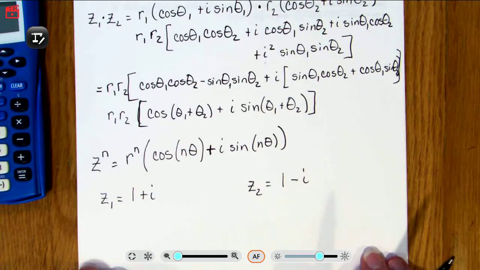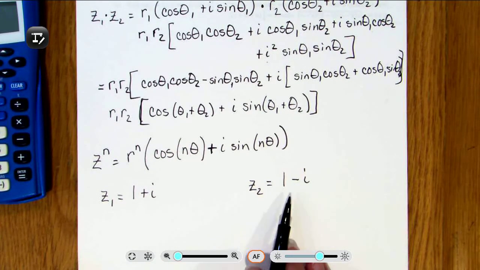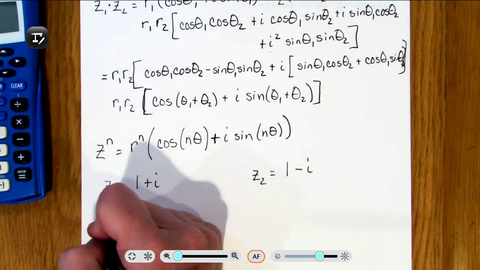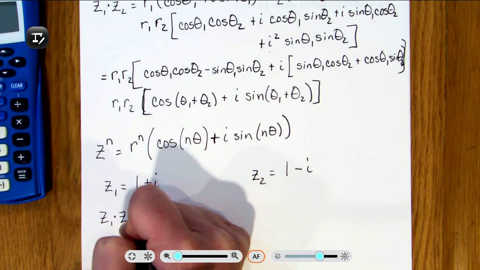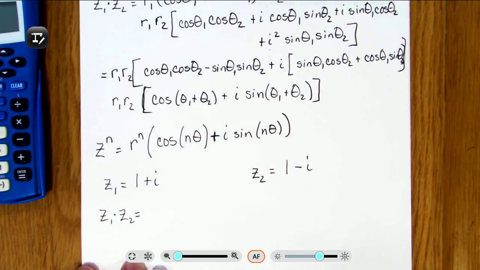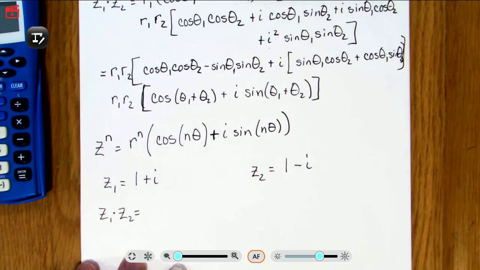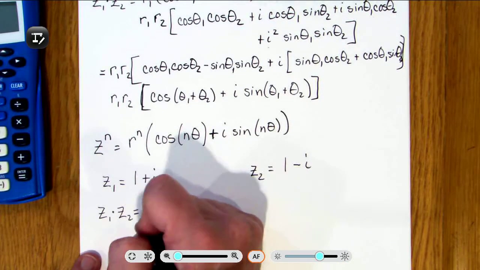So if I was multiplying these two together, we could do it in the rectangular form. And I just want to make sure that you can see that it does work in the polar form as well.